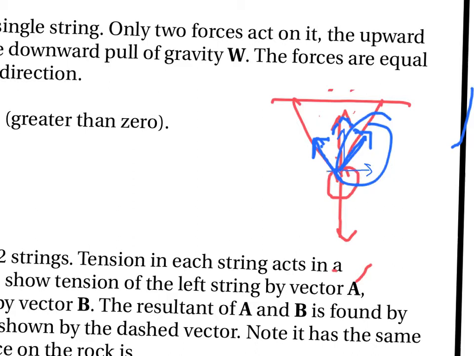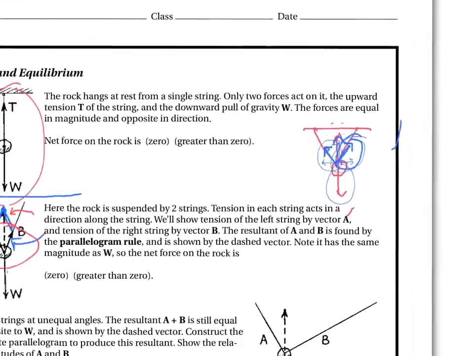The other side is pulling to the left and also supporting the weight. Because of that, the magnitude of the tension in each of these two vectors is going to be greater than the weight of the object. The reason being, they're not just supporting the weight. They're also trying to pull the weight to the left and to the right.